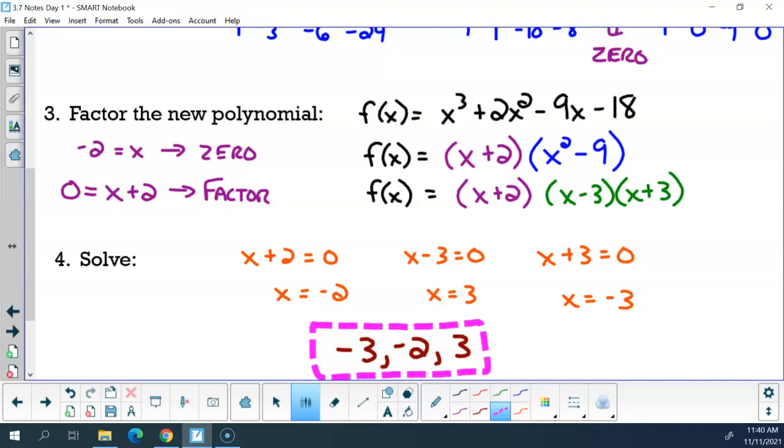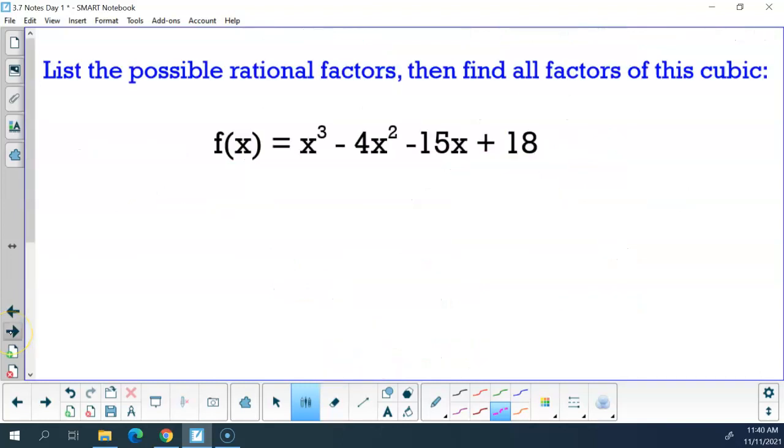Okay? You try this. Okay? So first off, we got to start with my list. Right? What are all the possible rational zeros? 1, 2, 3, 6, 9, and 18.